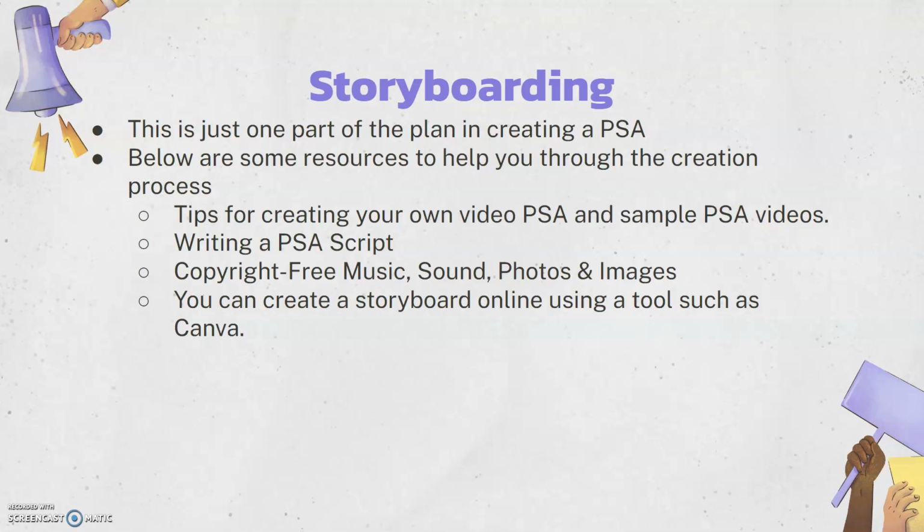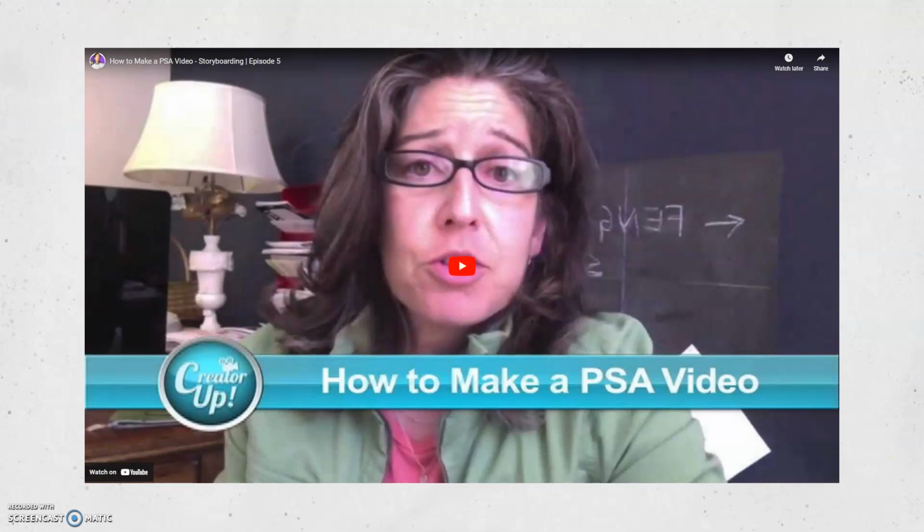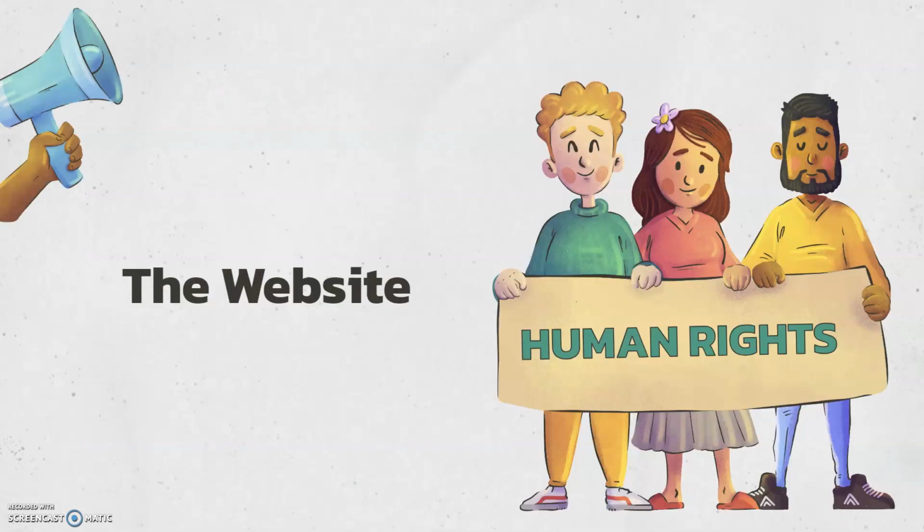So really look at using videos on how to create a PSA, which I have provided already in part 1, writing yourself a PSA script, and looking for copyright-free music, sounds, photos, and images. You can also use a storyboard outline on tools such as Canva, which we should all have access to. Here is a video you can watch explaining the importance of storyboarding, but for the sake of this instructional video, I'm just going to skip over it.